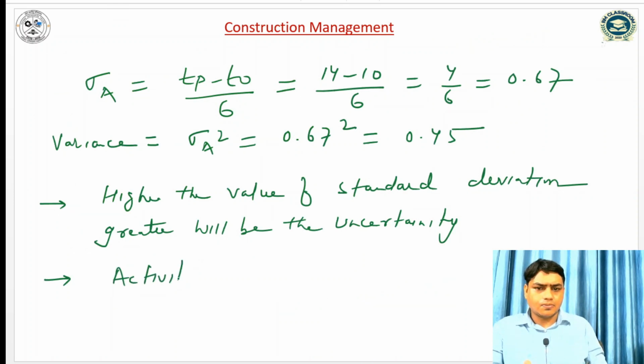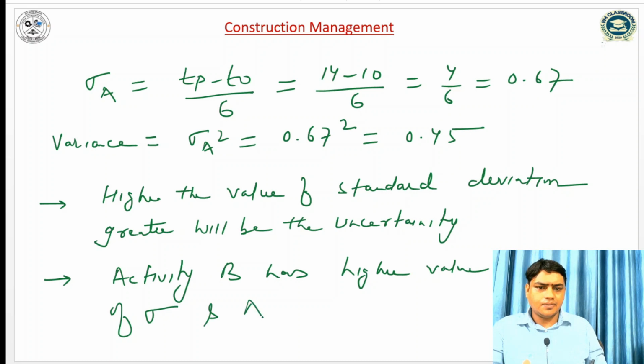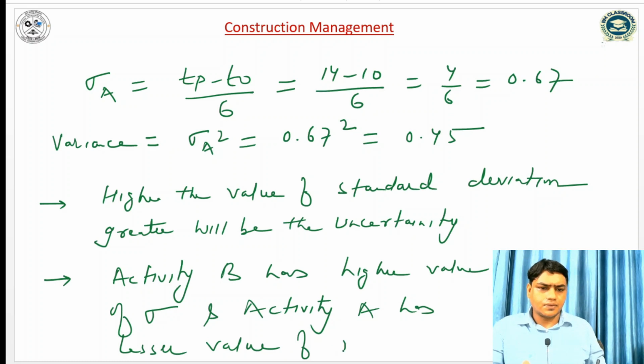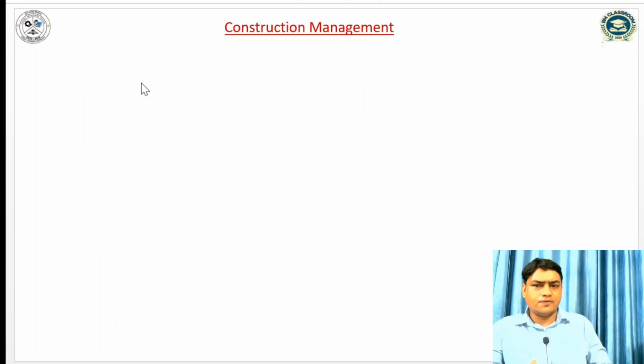So we can write that activity B has a higher value of standard deviation, and activity A has a lesser value of standard deviation. It means activity B has more uncertainty to complete the project, and the most reliable activity is A, because of the lower value of sigma.